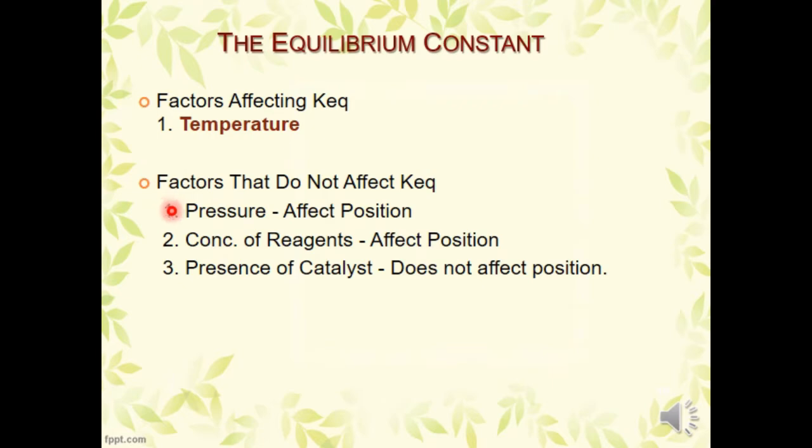Factors that will not affect the value of the equilibrium constant are these three here, but they will affect the position. Only a catalyst will not affect position, and we know the role of a catalyst is just to speed up the reaction. What it means to affect position is whether it lies on the product side or on the reactant side.